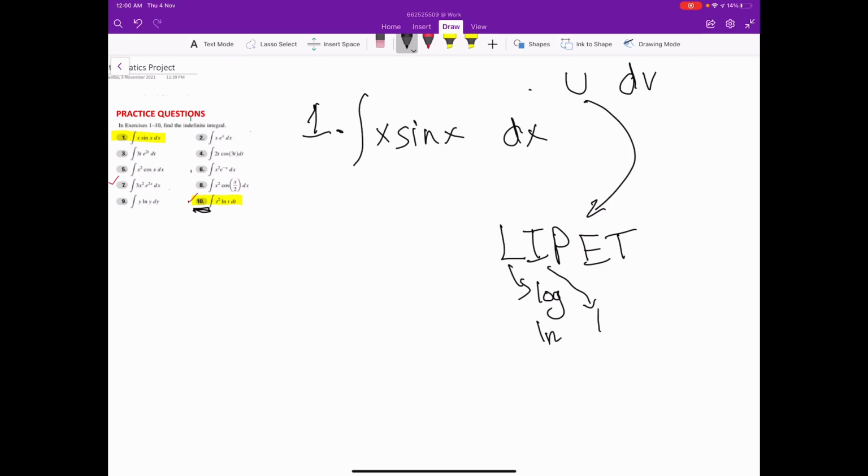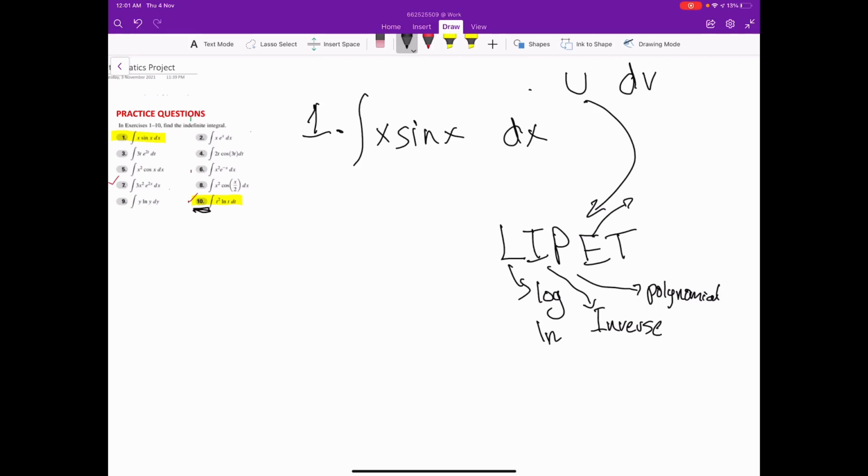I stands for inverse. P stands for polynomial. Polynomial meaning either x squared, t squared, anything that is related to x. Even though this is not the actual definition, it's a way to identify the polynomial much easier.